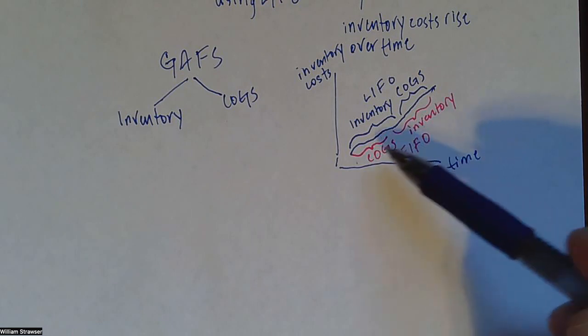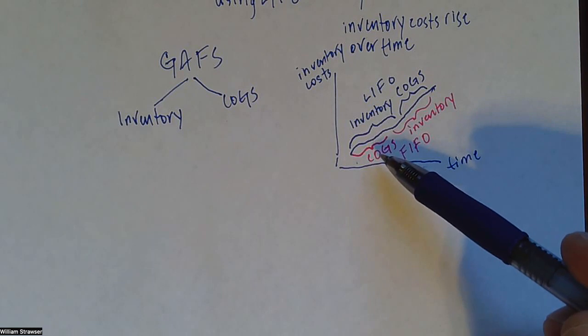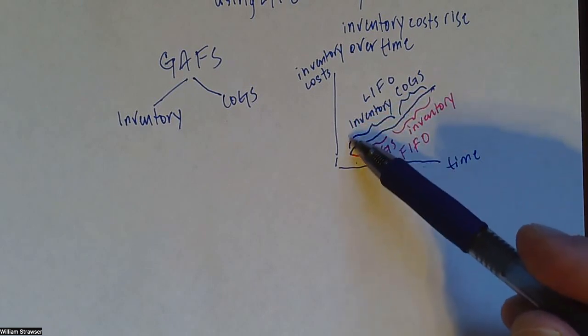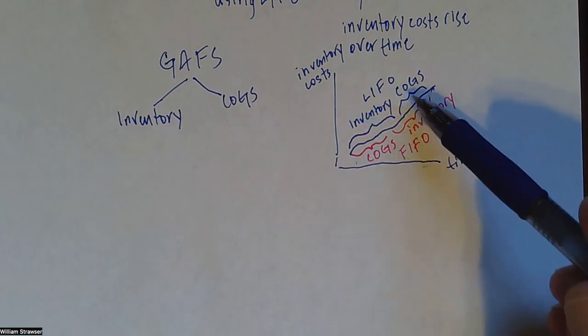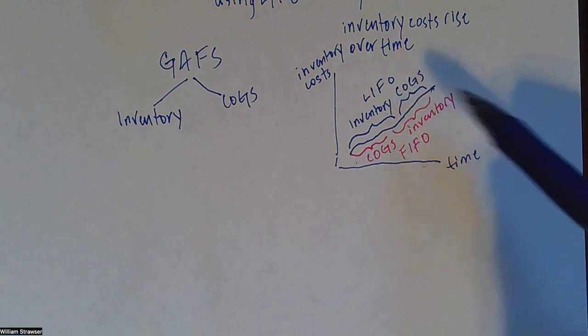It puts the lower cost items into cost of goods sold. Whereas LIFO does the opposite. It puts the older, lower priced inventory into the inventory account and assumes that we sold our higher priced goods and creates a higher cost of goods sold.